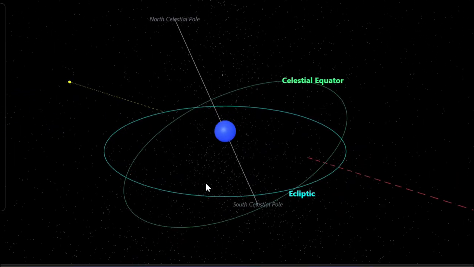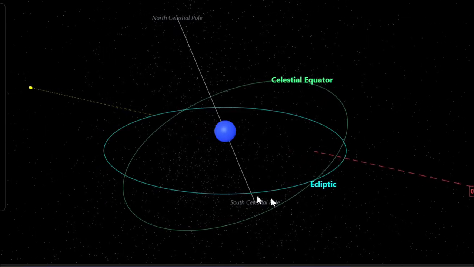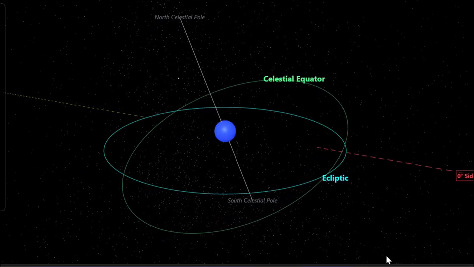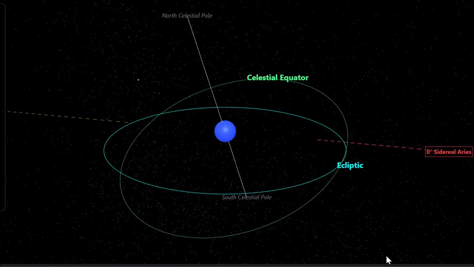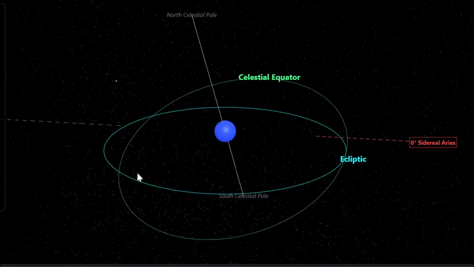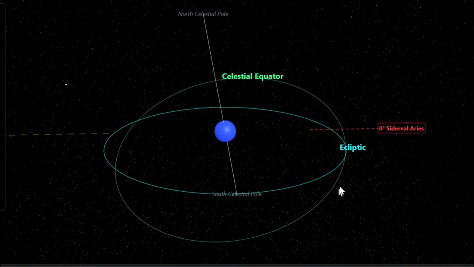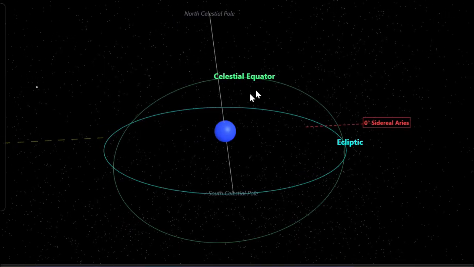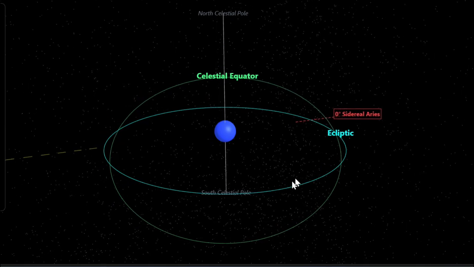The points at which these two cross each other are known as equinox. Why are these points important? The sun is moving along this ecliptic, and the celestial equator is parallel to the earth's equator.